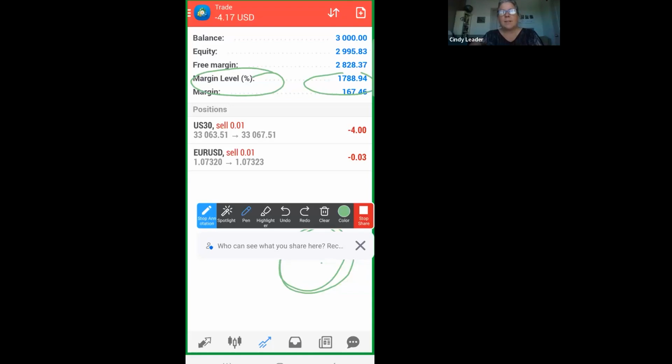But let's take these same pairs at a different lot size, at a macro lot size, and you're going to see the difference. And you're going to see how, if you're not cognizant of the contract size as it relates to the lot size that you're entering, you're going to get in trouble.